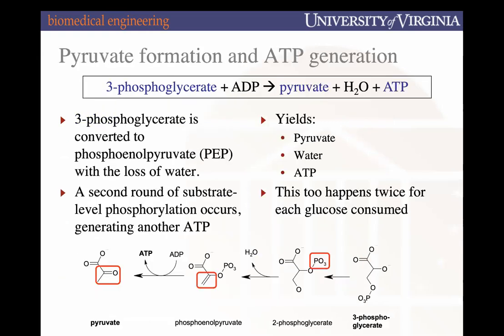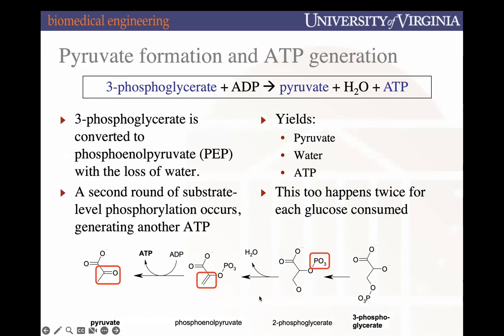So the final slide on glycolysis, just to help you see the light at the end of the tunnel. For each 3-phosphoglycerate, we're moving along the bottom from right to left here. There's going to be a mutase event, forgive me, whereby there's a rearrangement of 3-phosphoglycerate to 2-phosphoglycerate.